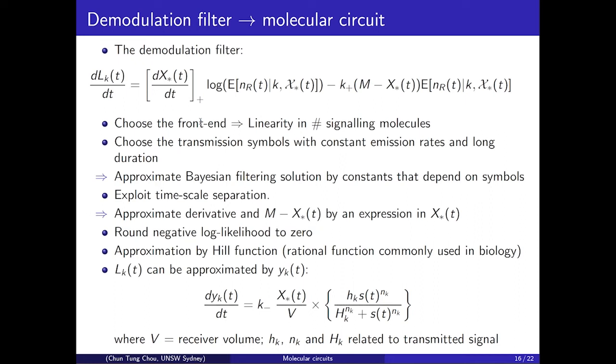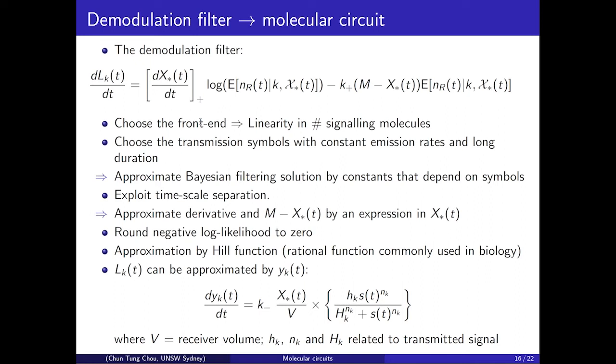First of all, for the front end, we have to operate in a certain region so that the rate of binding to the receptors becomes linear in the number of signaling molecules. We also have to choose the transmission symbols in a particular way. We have chosen these symbols to have a long duration, and the mean emission rate is a constant.